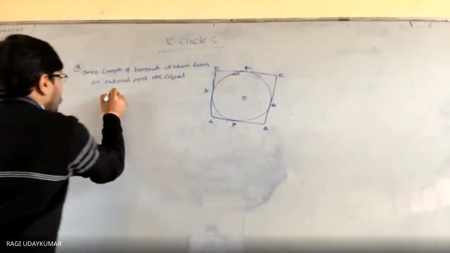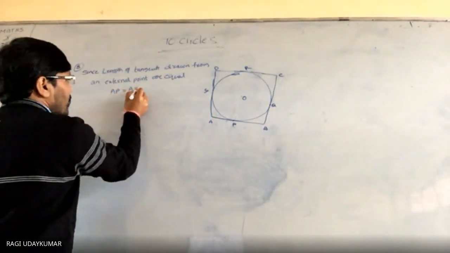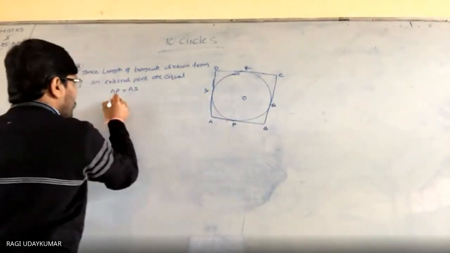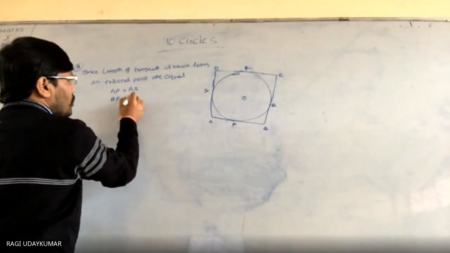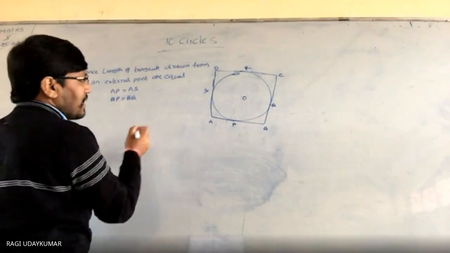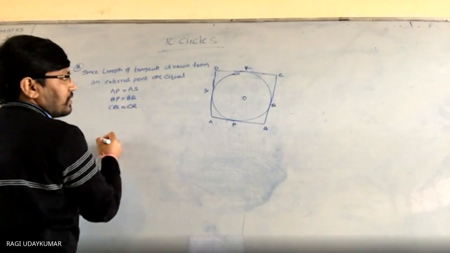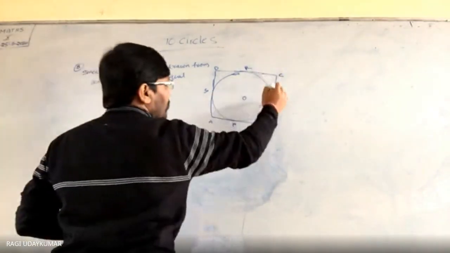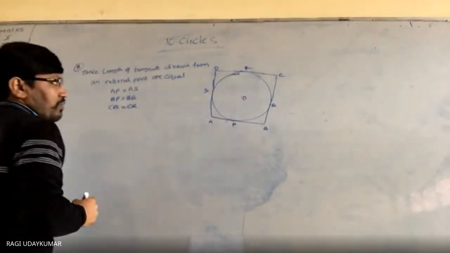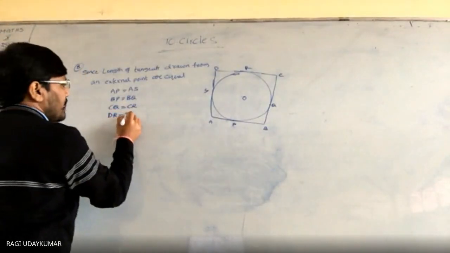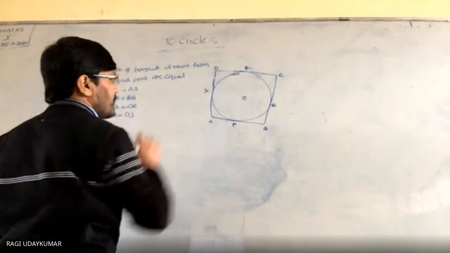So you can see that AP is equal to AS. B is external. In the same way, BP is equal to BQ. C: CQ is equal to CR. Next, DR is equal to DS.